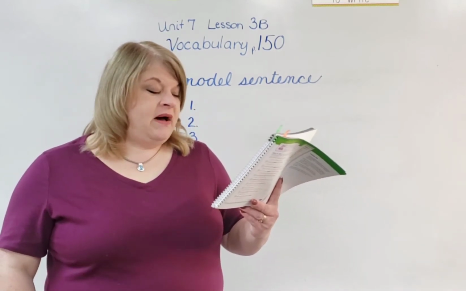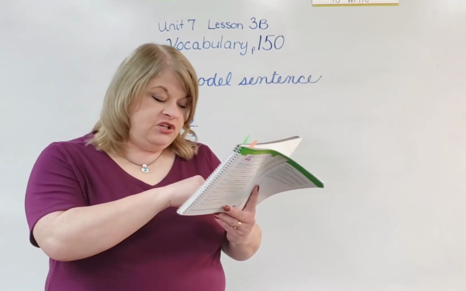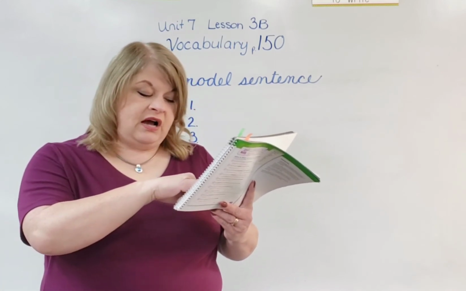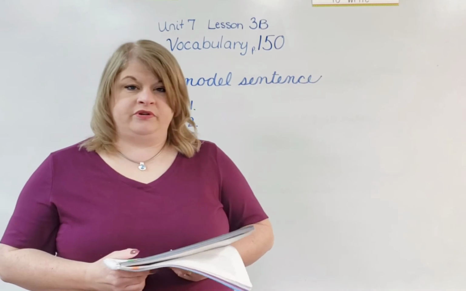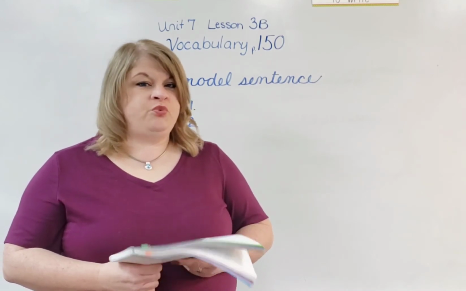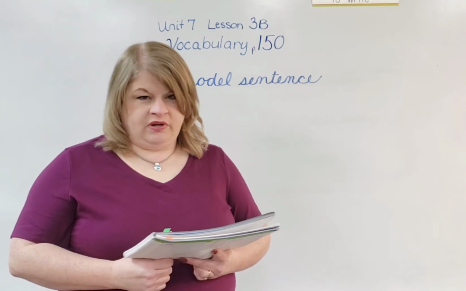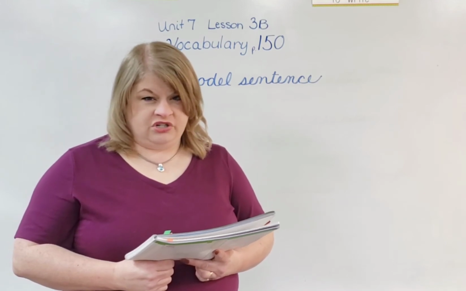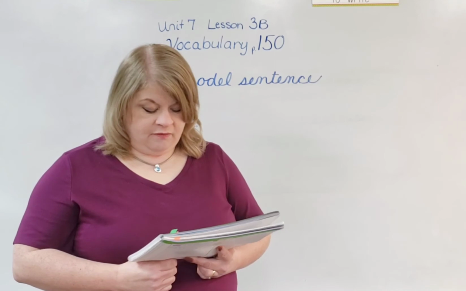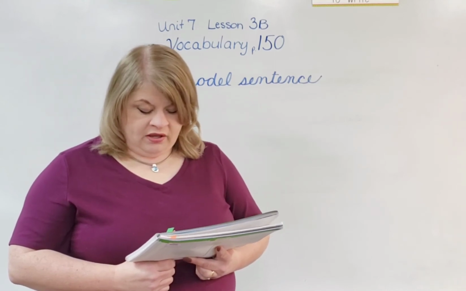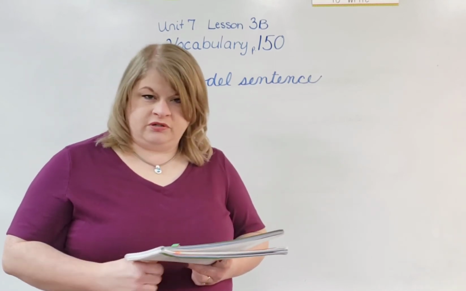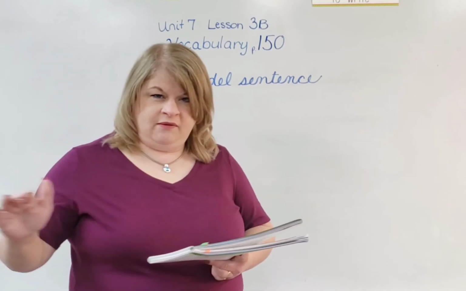All right, go down to model sentences. Number 1. My teacher asks us to print our name on our papers. Do you think you know which one that is? Well, if it says to print, we know it's a verb. It's an action, right? So it either has to be A, B, or C. Are we going to take our printer and print out our name on our paper?